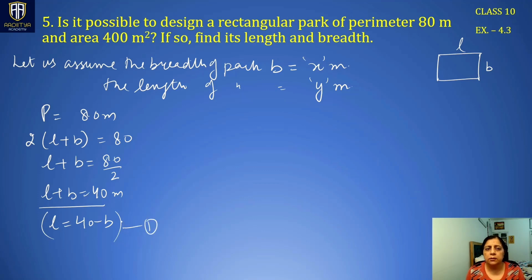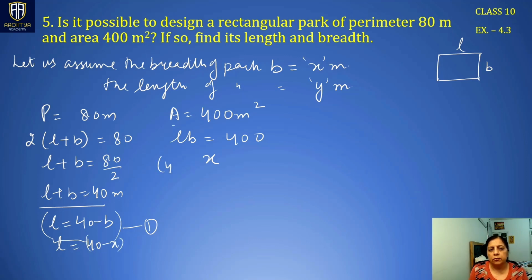The next condition says area of that park has to be 400 meters square. Area is length into breadth. So length we have got in terms, see, we have assumed breadth to be x, right? So breadth here is x, and if we have to find L, that means that is 40 minus x, right?